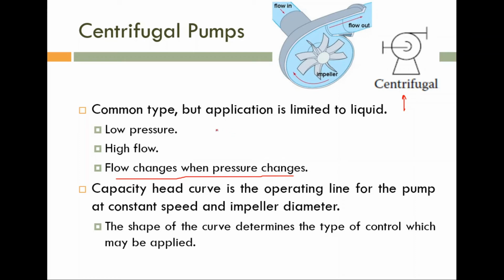Before discussing the control of the centrifugal pump, we need to know the pump curve. Say this is the centrifugal pump. It has an inlet port, and liquid is taken into the pump through it.